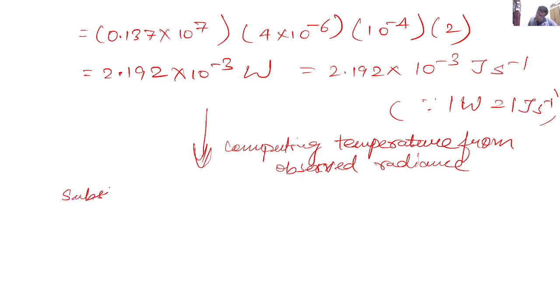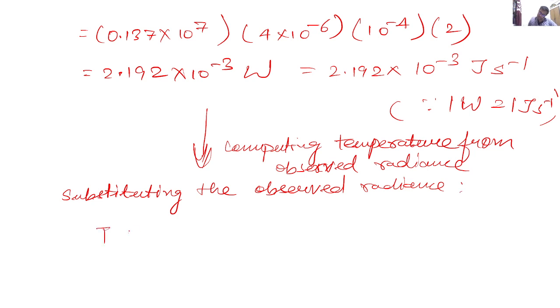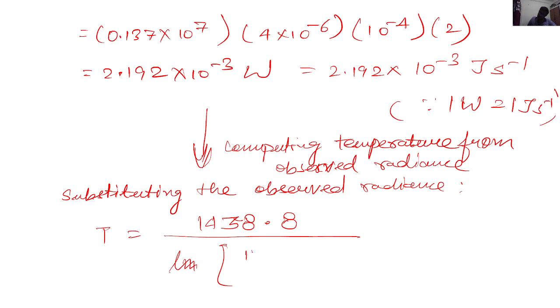So substituting the observed radiance, T is equal to 1438.8 by ln 119.1 by 0.5. I'm just substituting the value which we found already. Okay, so it's not like I'm doing it for the first time.